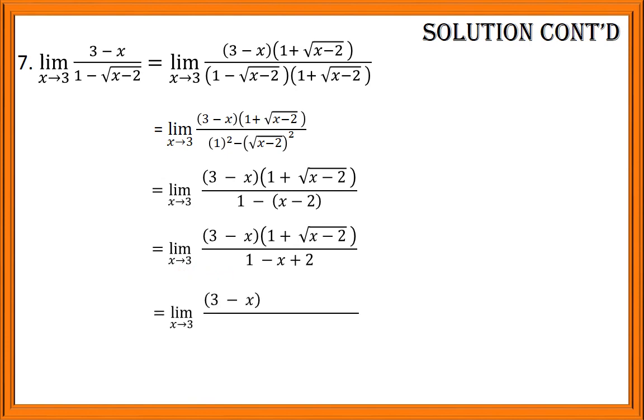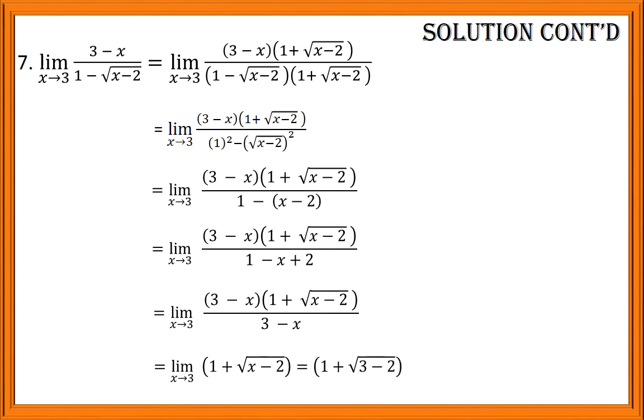When we combine like terms, we'll have 1 plus 2, that gives us 3. Then we'll have minus x. You can see that this and that are common. So this will now be the limit of 1 plus square root of x minus 2 as x approaches positive 3.